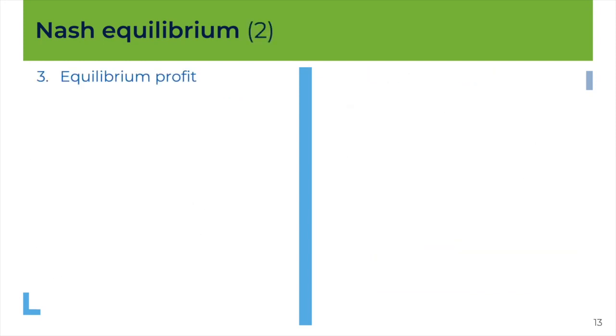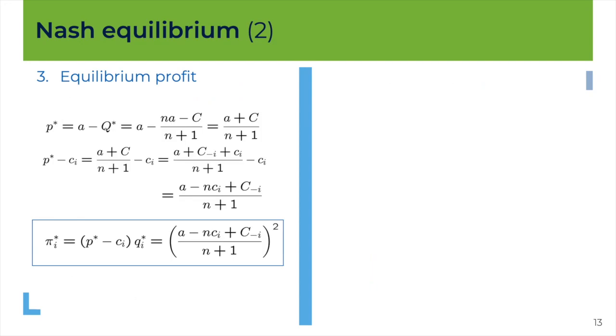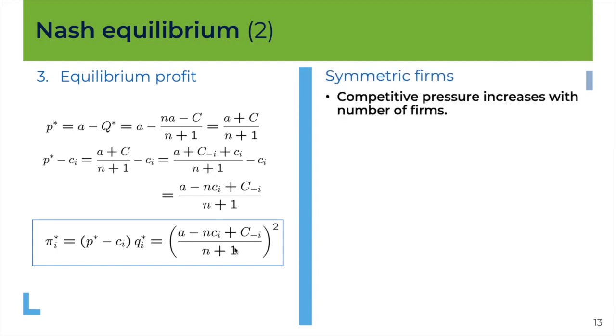Now what we do here is just compute the equilibrium profit by computing first the price at equilibrium and then multiplying the margin, the price minus the cost of firm i, times its equilibrium quantity, and this is this expression here. Okay, now it's interesting to see what happens if all firms have the same costs.